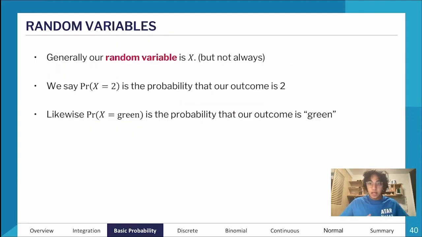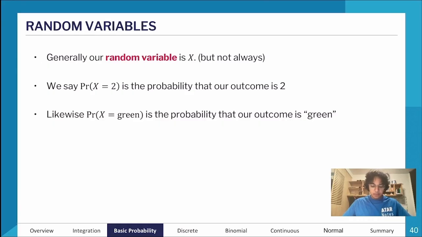Okay, random variables are generally represented with X, but I've used different variables all the time, especially for spec. Sometimes you get a few different variables, so you can just use different letters. Doesn't actually matter. It's just an arbitrary thing that we choose. Same with f of x, right? You can really use any variable you want, but x seems to be the favorite variable for mathematicians in methods, anyways.